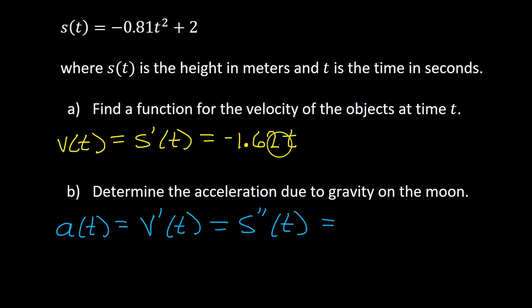Either way, we're just taking the derivative of this. When you have the derivative of a constant times the variable, it's just the constant. So the acceleration due to gravity is negative 1.62 meters per second per second.